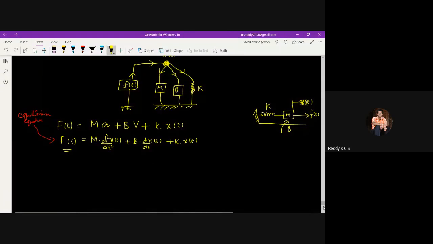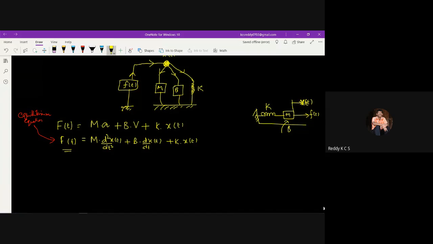So write down the Laplace transformation, applying Laplace transformation on both sides. I'll write F(s) is equal to m s² X(s) plus b s X(s) plus k X(s).